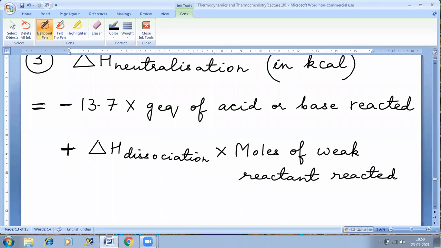सर अगर दोनों वीक होंगे तो क्या होगा? और एक टर्म आ जाएगा प्लस डेल्टा H dissociation of them into moles of the weak base reactant. मतलब एसिड अगर वीक है तो भी डेल्टा H dissociation एसिड का आएगा, बेस अगर वीक है उसका भी, और एक टर्म आएगा प्लस डेल्टा H dissociation multiplied by moles of weak base reactant.